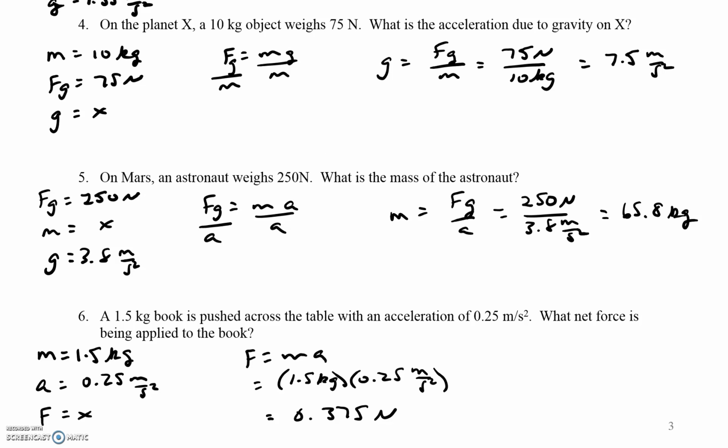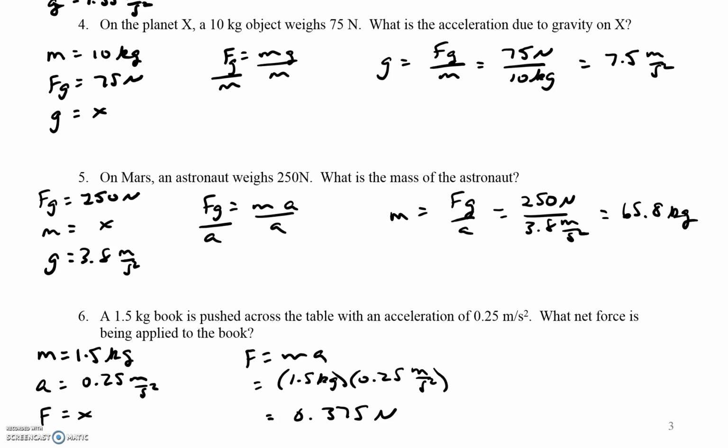For number 4, on planet X, a 10 kilogram object weighs 75 newtons. What is the acceleration due to gravity on X? So we're trying to calculate g. g equals Fg over m. So we've got 75 newtons divided by 10 kilograms gives us an acceleration due to gravity of 7.5 meters per second squared.